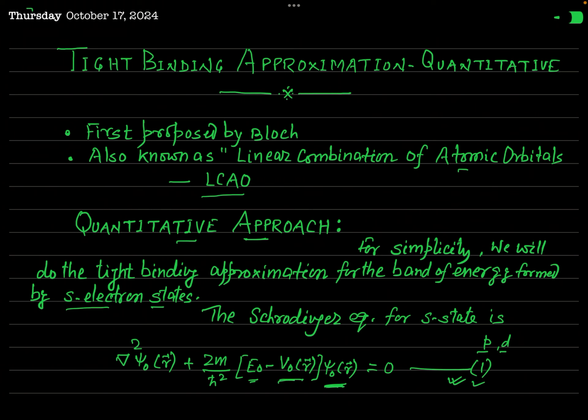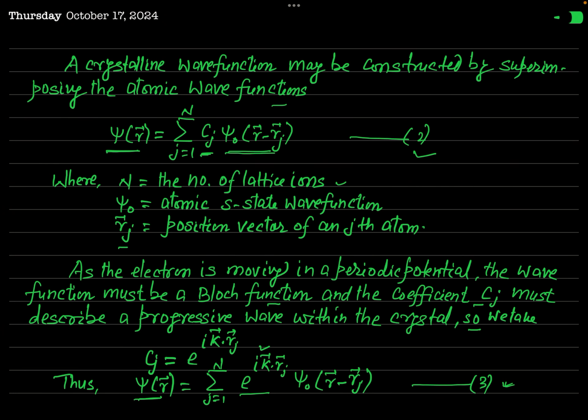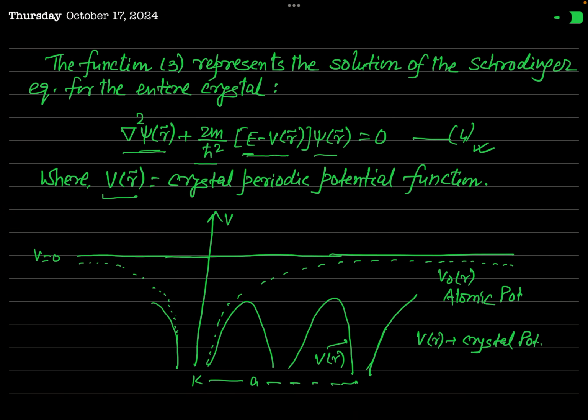And this V naught of r is called the atomic periodic potential, and V of r in this equation is called the crystal periodic potential function.